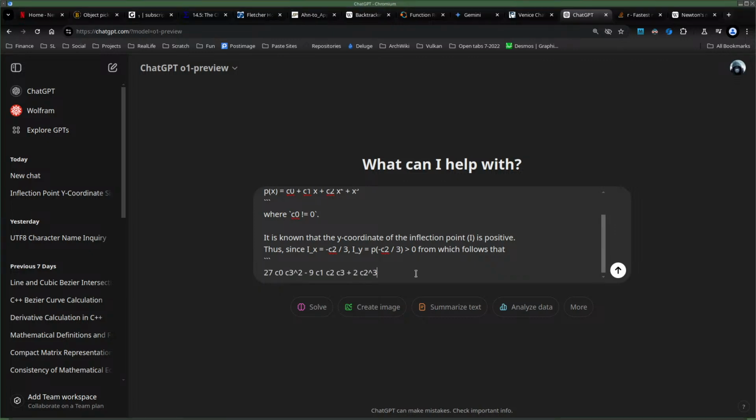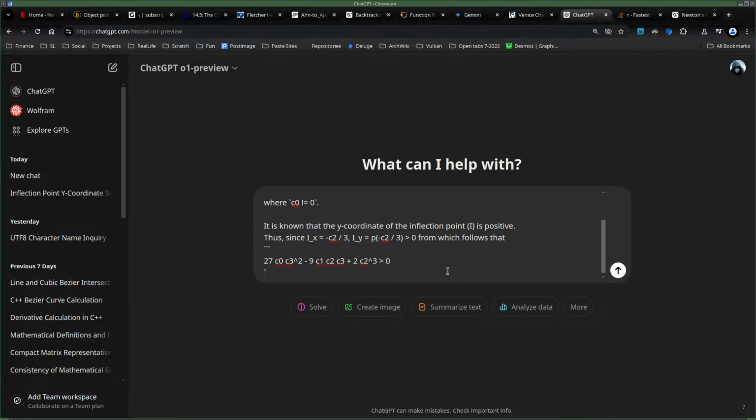So you fill that in and multiply both sides with 27 C3 to the power 2, which is positive. And then you get this, which then must be positive. And then the C3 drops out again because that is 1.